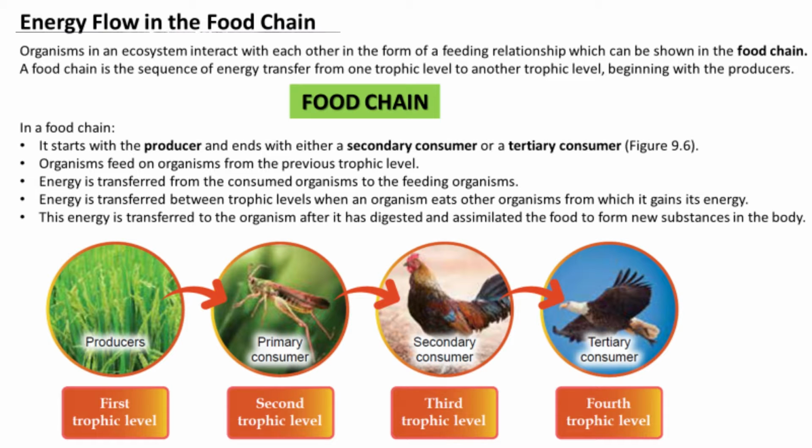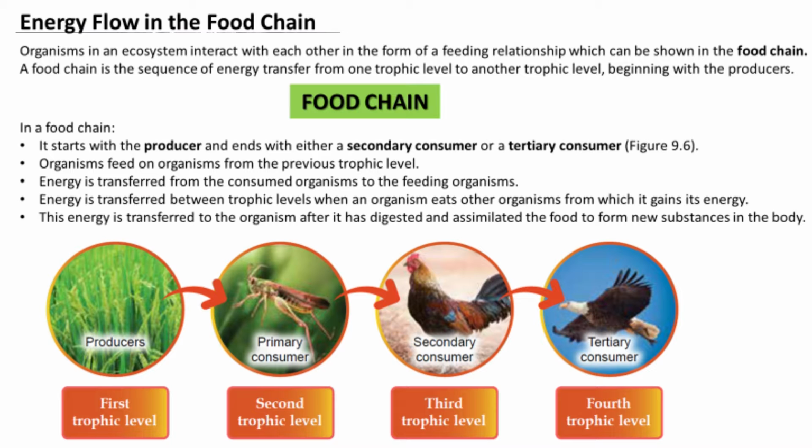So you can see from this diagram, organisms feed on organisms from the previous trophic level. So energy will be transferred from the consumed organisms to the feeding organisms.